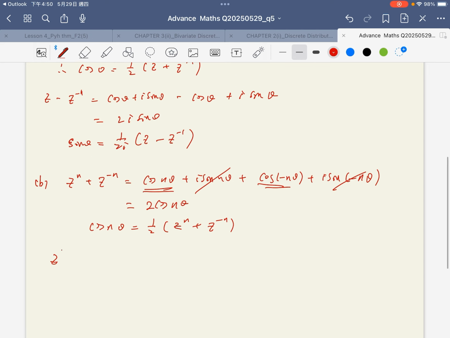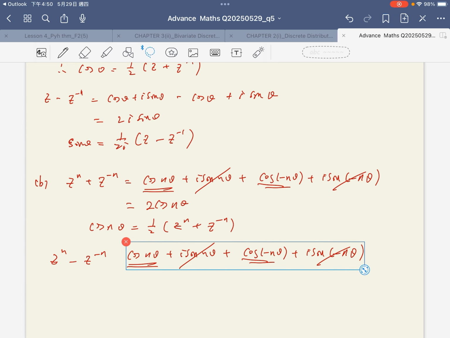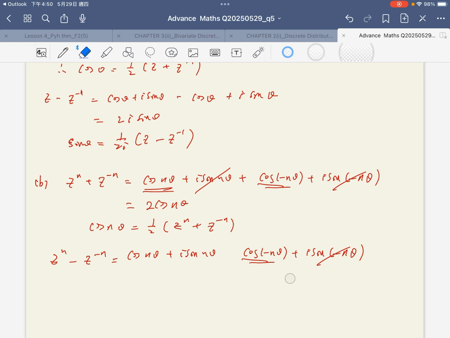And for z to the power n minus z to the power minus n, we also do the same thing here. We only have to change the sign. This is negative, this is positive. If this is negative, these two cancel, and only these two remain.